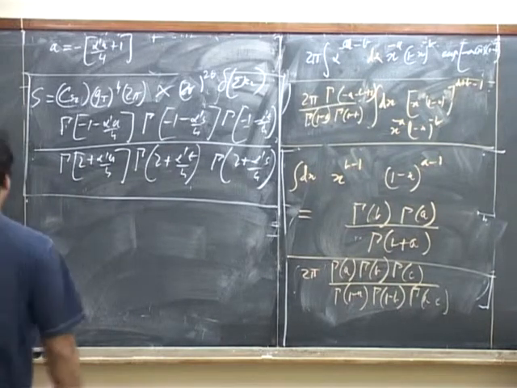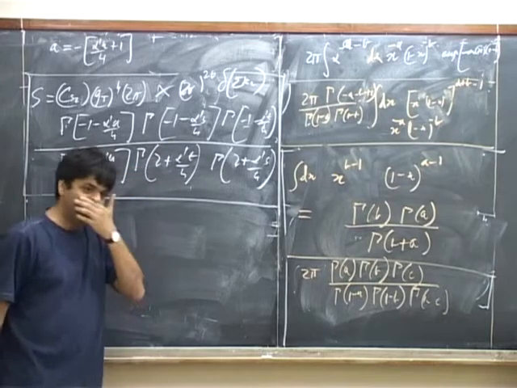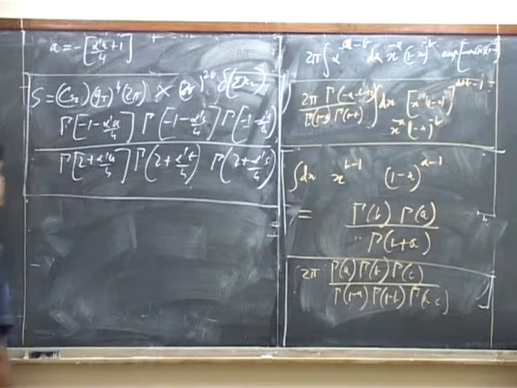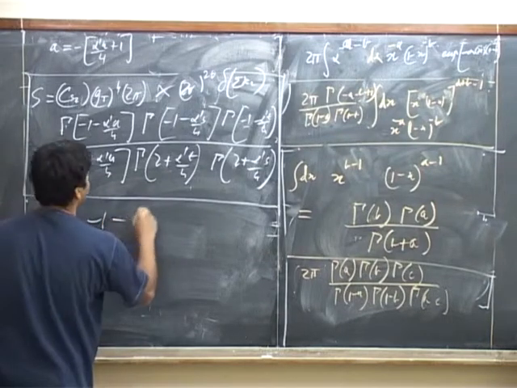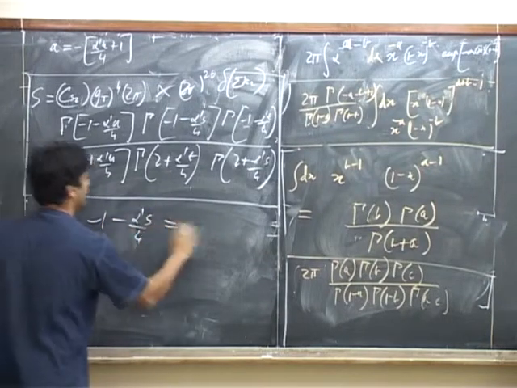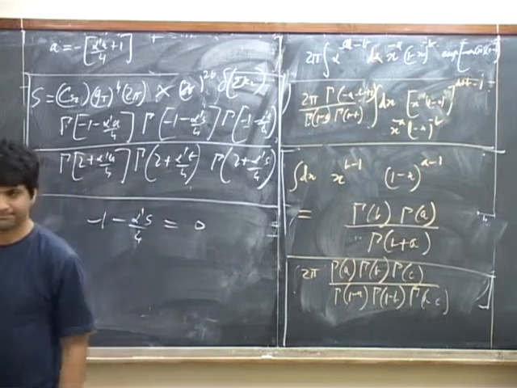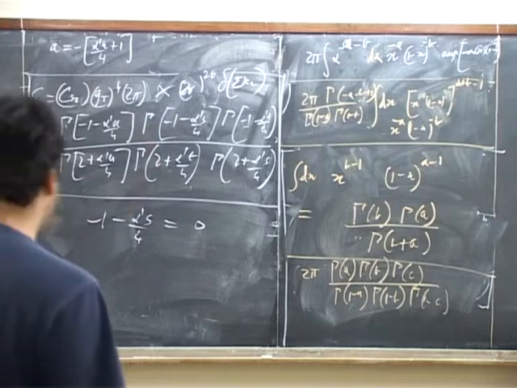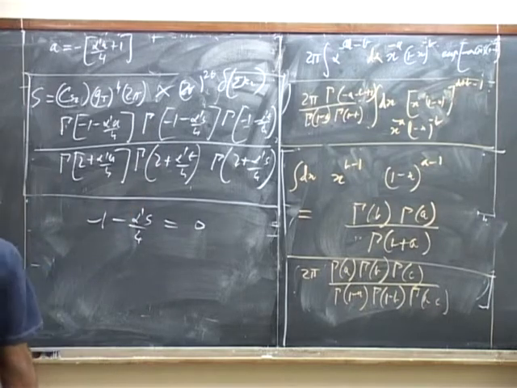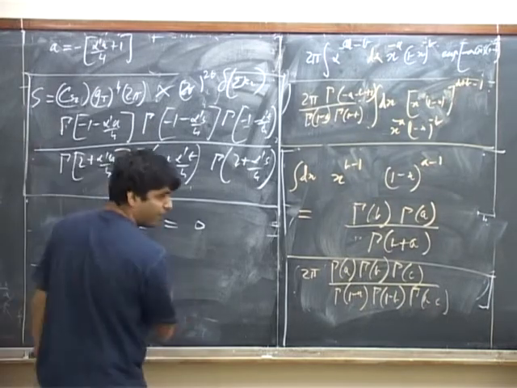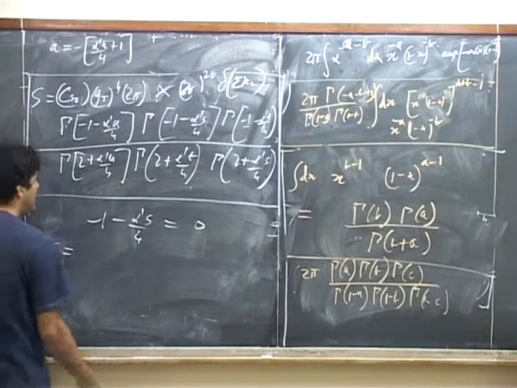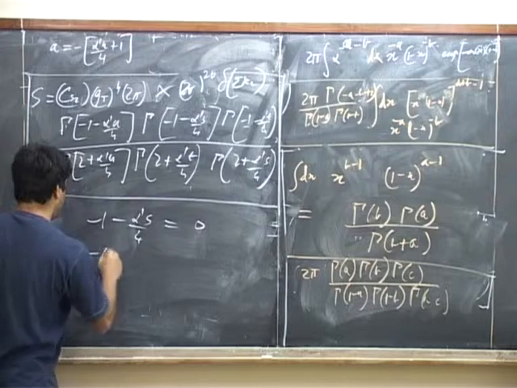The first time we hit a pole is when this object goes to 0. So we have minus 1 minus alpha prime s by 4 is equal to 0. That's the smallest value of s for which we hit a pole, and that occurs at s equal to minus 4 by alpha prime.